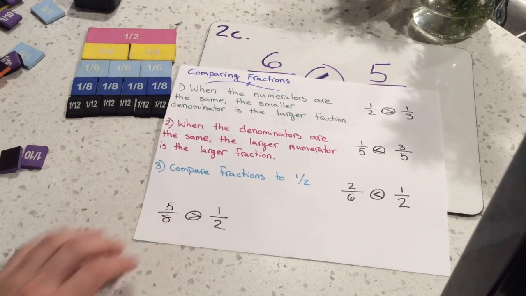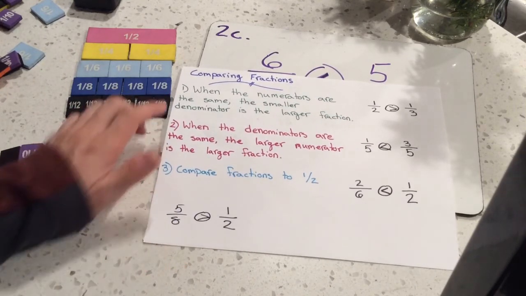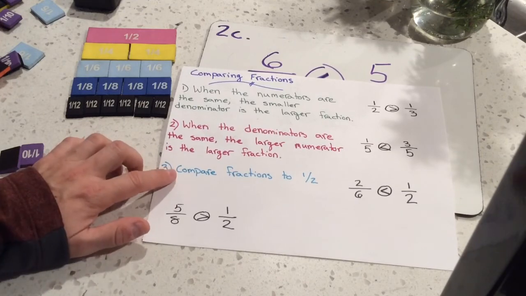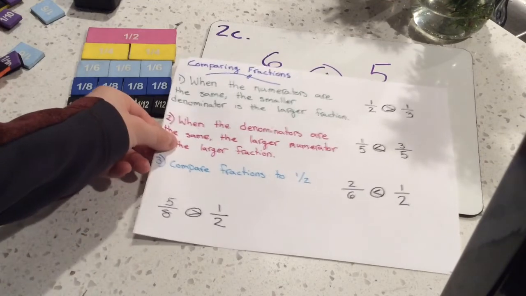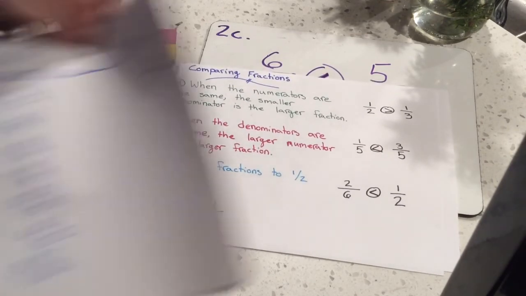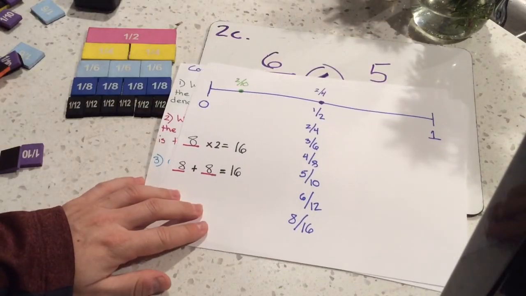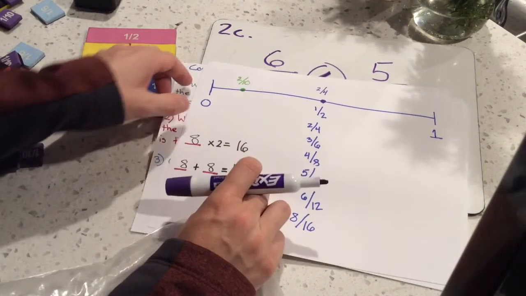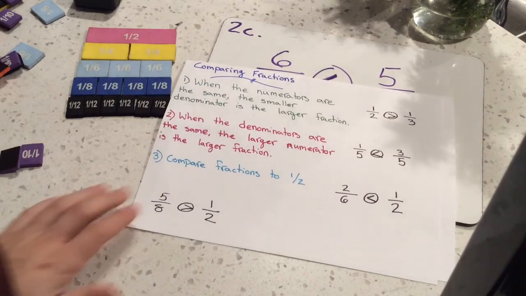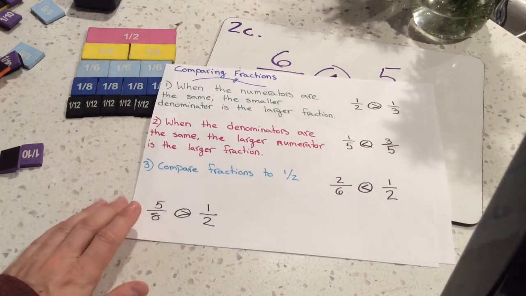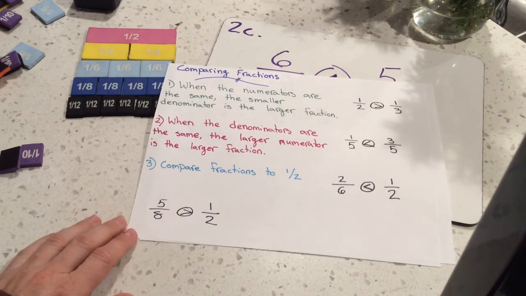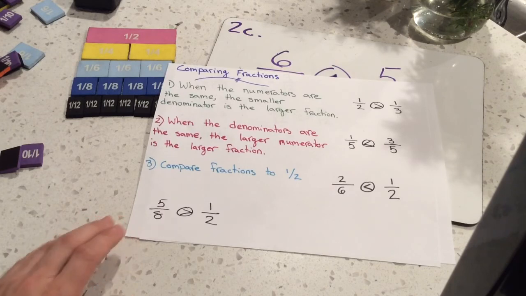I strongly encourage you to use this to help you out. Apply these 3 rules. Think about trying to compare it to 1/2. Think about making a number line and trying to place your fractions on that number line. Again, here's this. If you want to take a picture of it or write it down in your notes, these are important rules when we're comparing fractions.